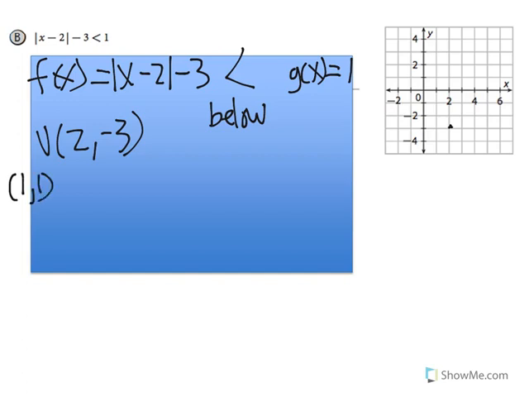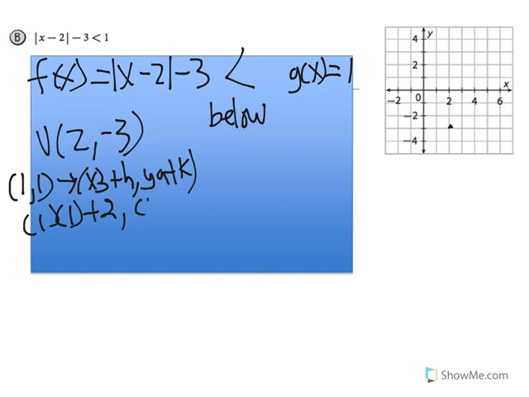From our previous lesson, we need to transform using x·b plus h and y·a plus k. Our first point will be 1 times 1 plus 2, and 1 times 1 minus 3, so we have the point (3, -2).